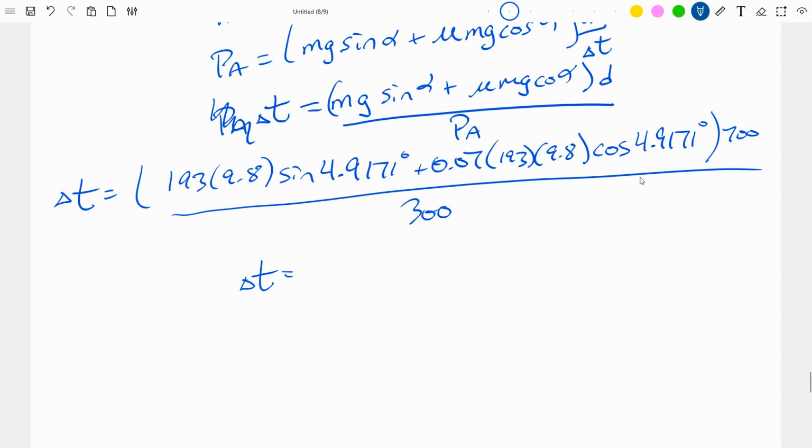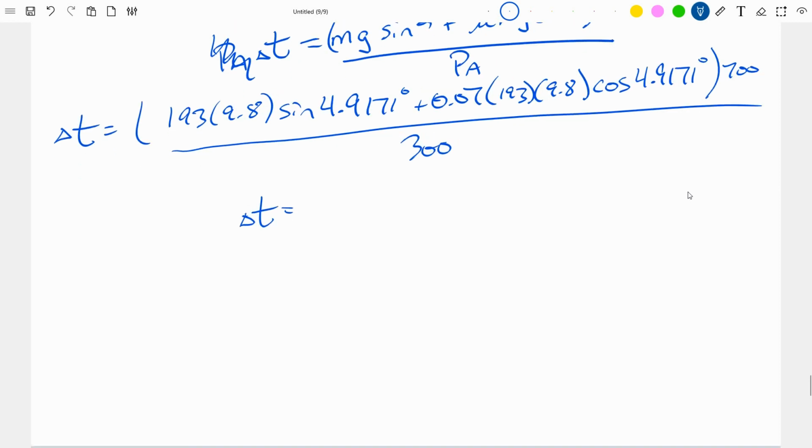If I make a calculator mistake and discover that later, maybe I'll do a text overlay just for that. But if I didn't make a mistake, I'm getting 686 seconds. So with luck, that is correct.